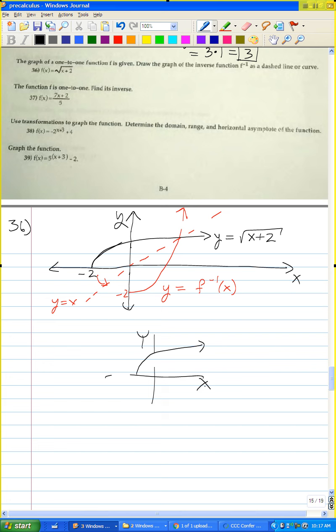If you place y where x used to be, and x where y used to be, so the axes are inverted, then you'll see that the graph looks like this. You'll always get the graph of the inverse function by just interchanging the x and y axis. That's another way of graphing it. Any questions about that?